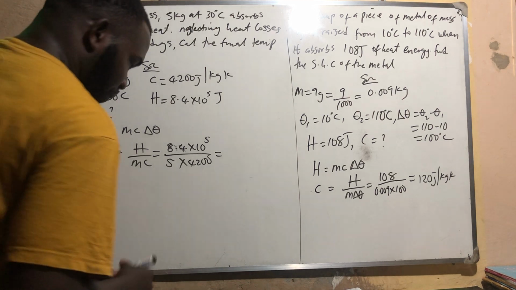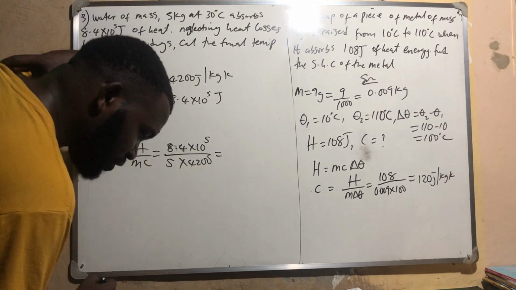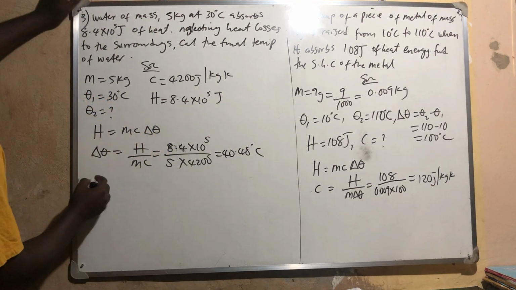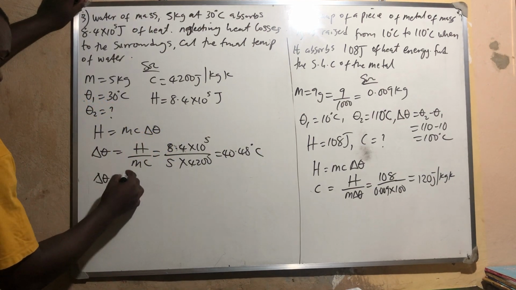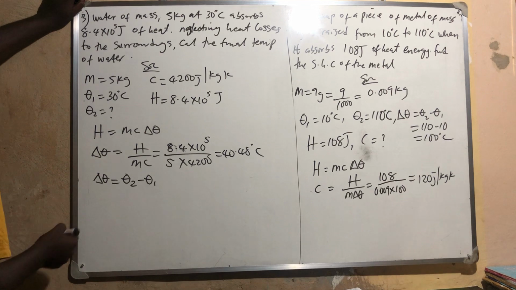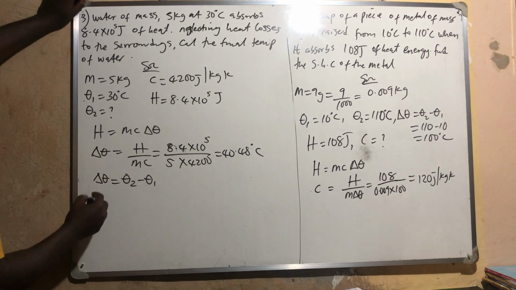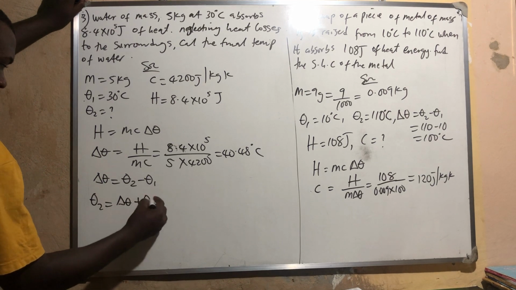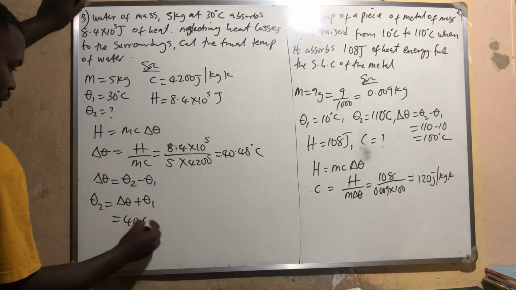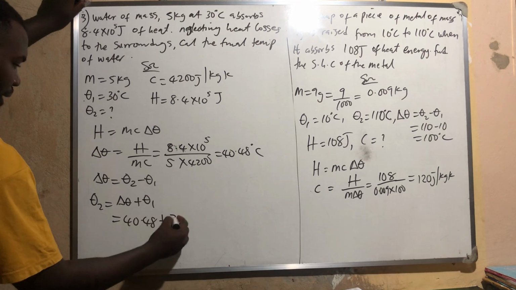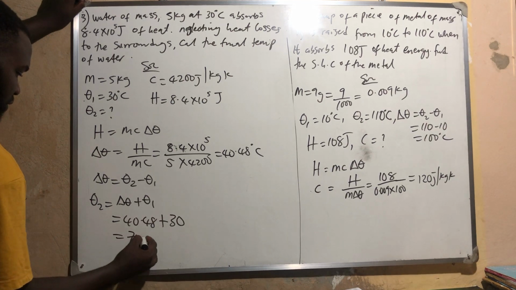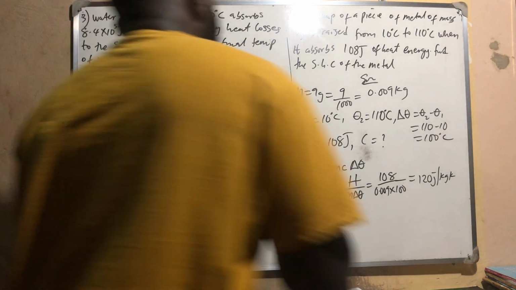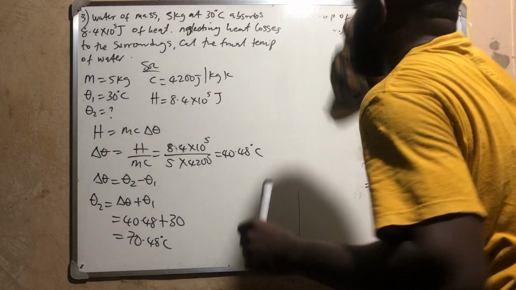If you do everything there, you'll have 40.48 degrees Celsius. But I know that my change in temperature simply means theta 2 minus theta 1. Theta 2 is my final, so this one will move here. So theta 2 is equal to change in temperature plus theta 1, which is 40.48 plus 30, which will give you 70.48 degrees Celsius. Very, very simple question.